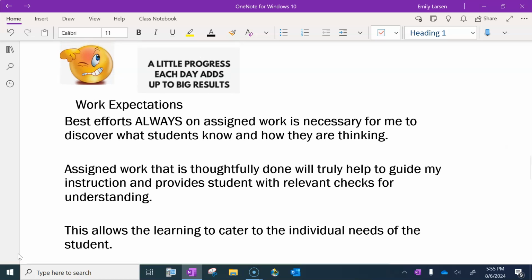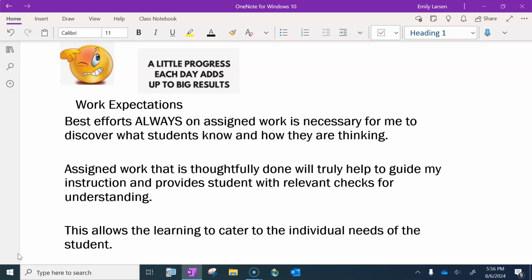A little progress each day adds up to big results. So these are my work expectations. Best efforts always on assigned work is necessary for me to discover what students know and how they are thinking. Assigned work that is thoughtfully done will truly help to guide my instruction and provide students with relevant checks for understanding.